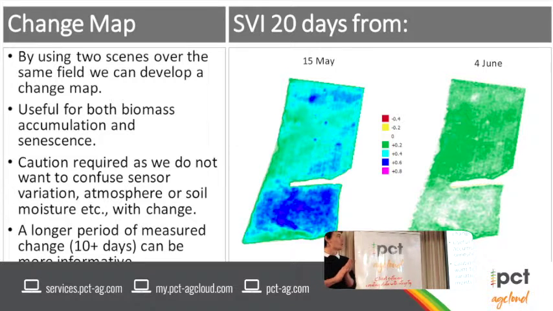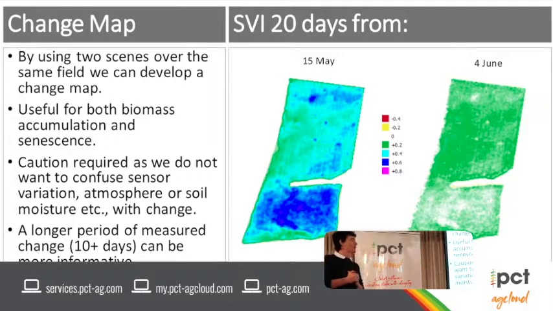But now we've got more and more opportunities, and it's a lot easier to do. It's basically just taking an image, then taking one from 20 days after it, getting the difference between them and mapping it.